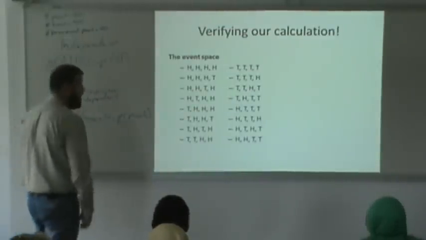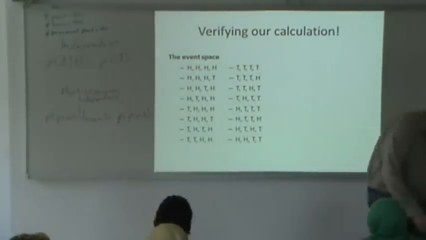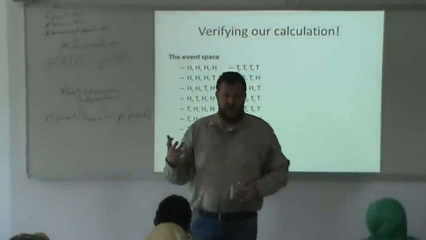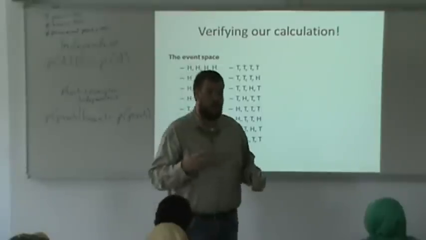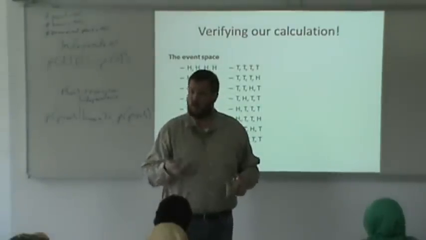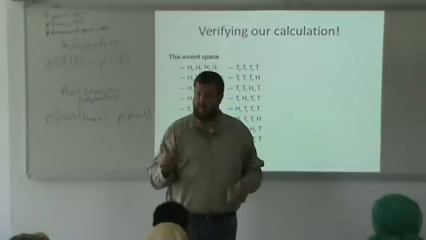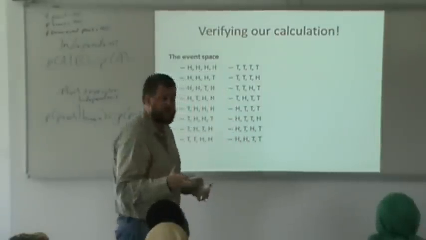Probability 0.5 to the fourth power equals 0.0625. Now let's verify our calculation. Remember, I said that an event is a collection of one or more outcomes, right? So our outcome space is just a heads or a tails. But our event space is different. We can observe different events, right?